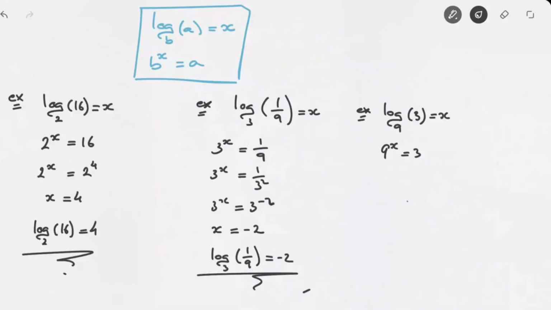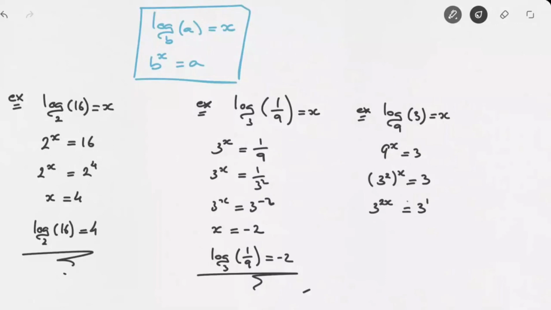Well, we know that 9 equals 3 squared, so let's just go ahead and say that the left-hand side can be written as 3 squared to the power of x equals 3. And now, using our laws of exponents, we know that the left-hand side will turn into 3 to the power of 2x equals 3. And remember, when we write 3, that's the same thing as writing 3 to the power of 1.